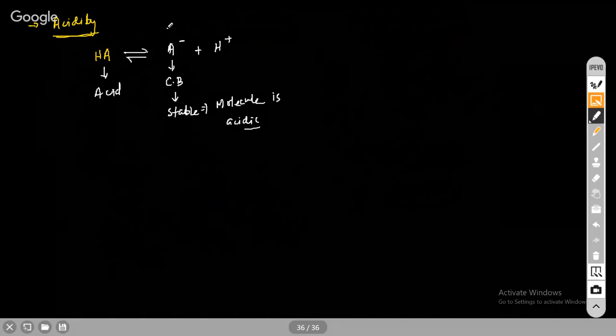Okay, now you see here, if I write down two compounds, the first one is formic acid, HCOOH, and then acetic acid, CH3C double bond O, OH. If you have to compare the stability or the acidic nature of these two compounds, first of all we just remove H plus from this and form the conjugate base.